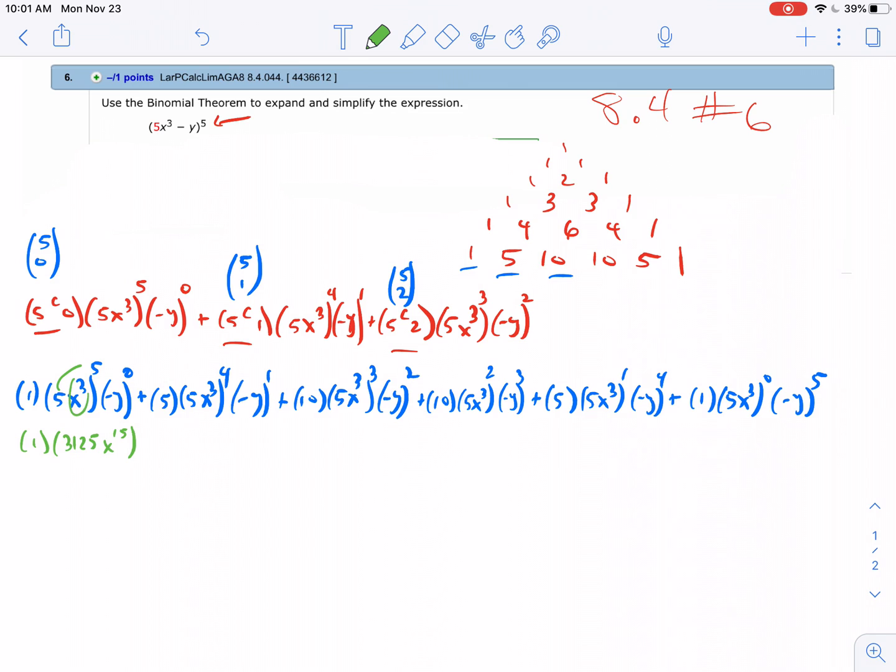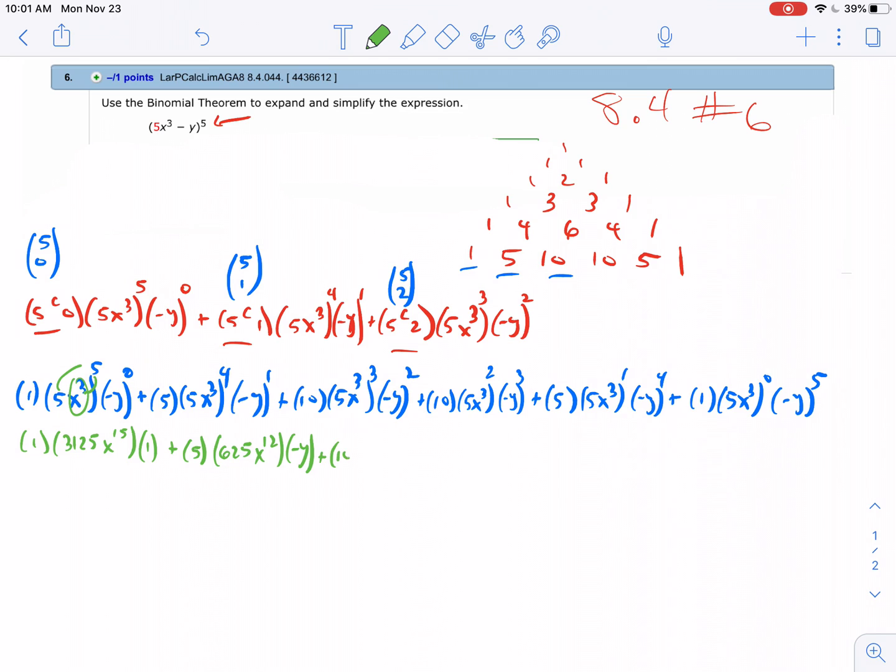Both the 5 and the x cubed have to be raised to the 5th power. Negative y to the 0 is 1. So then I have a 5. 5 raised to the 4th is going to be 625. x to the 12th with a negative y.